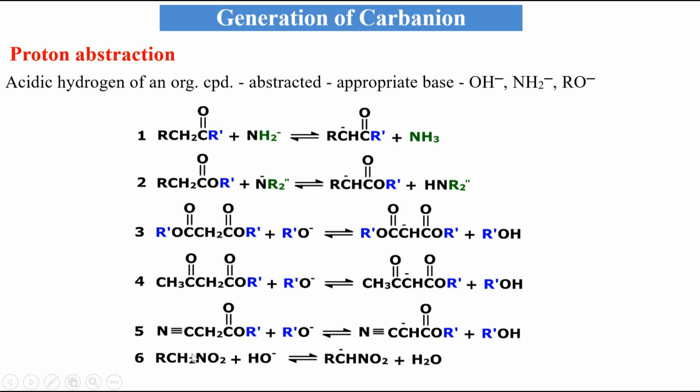Nitrate is a strong withdrawing group, making this carbon electron deficient, thus making it acidic. It's acidic enough to donate a proton. Sodium hydroxide is basic enough to accept that proton, and OH minus abstracts the proton and leaves as water molecule, giving rise to a carbanion. This is one of the methods for the preparation of carbanions.